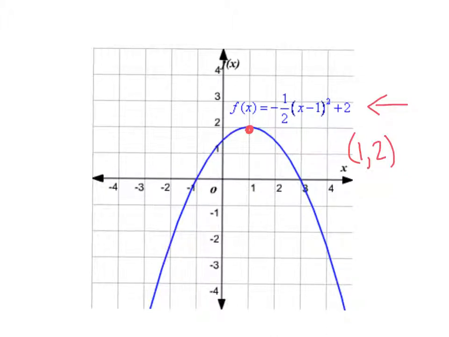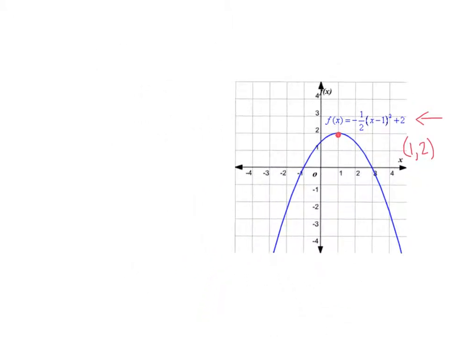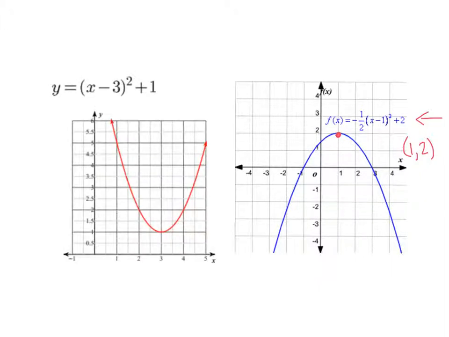Now let's compare that to our previous problem. Bring this out of the way, and in drops our original function. If you recall, this original function had a vertex of (3, 1) and was located right there.